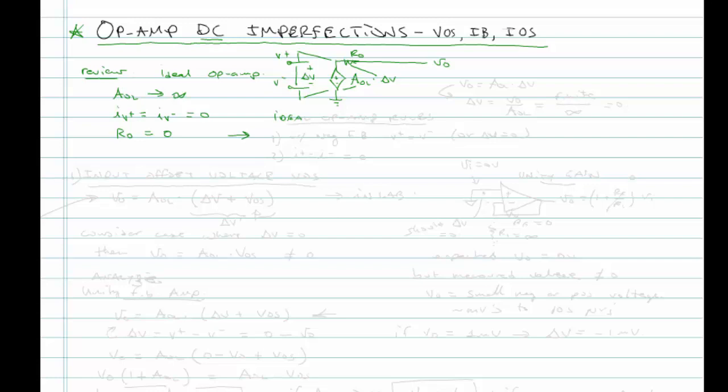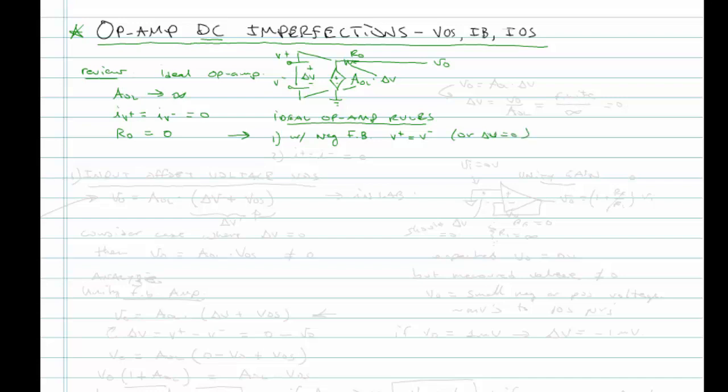Ideal op amp rules. One, assuming negative feedback, this is very critical here, V plus is equal to V minus, or otherwise put, delta V is always going to be equal to 0.